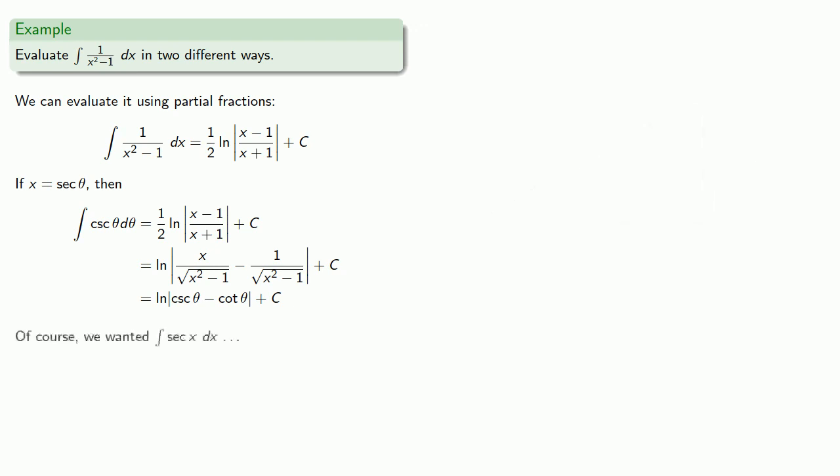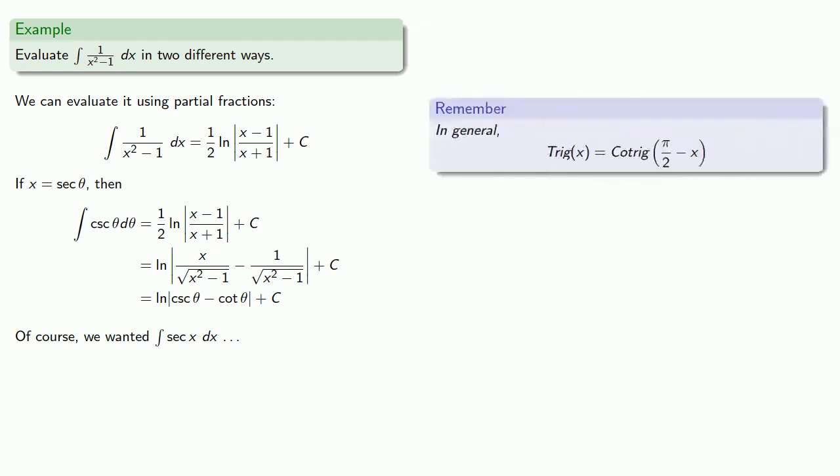Of course, the problem we were actually looking at was to find the integral of secant theta, and in general, remember that a trigonometric function is equal to the cofunction of pi halves minus the same value. And so we'll substitute theta equals pi halves minus x.